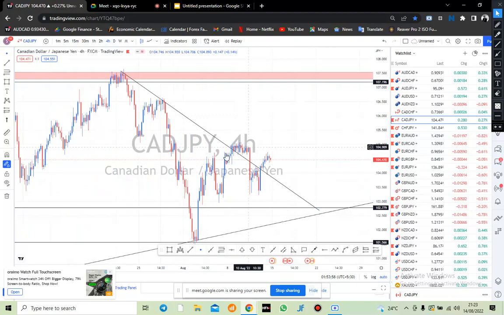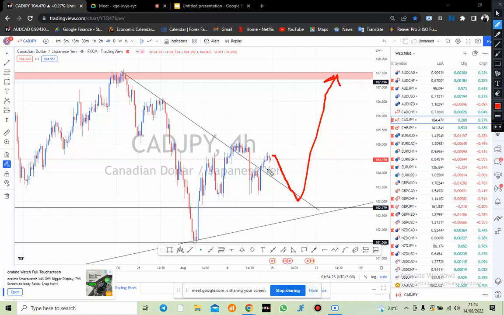Now you see that there's a breakout. The market broke the upper trend line and then dropped again, broke the upper trend line once again. So I'll be expecting the price to maybe make a pullback to touch the trend line before it moves upward, maybe by touching the resistance once again.